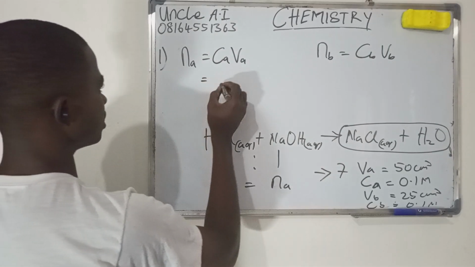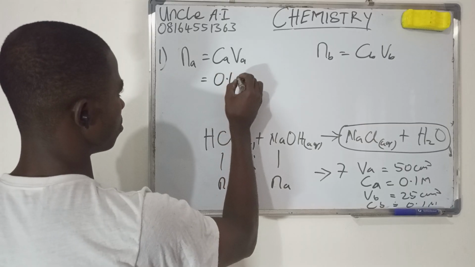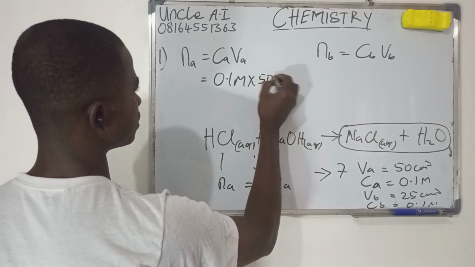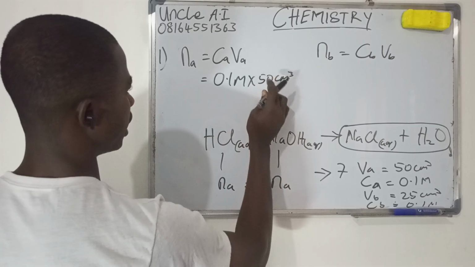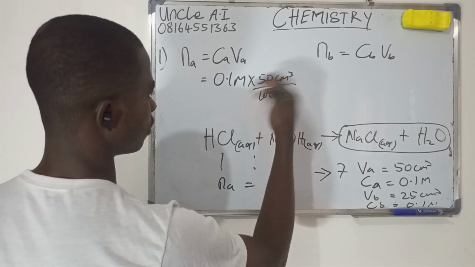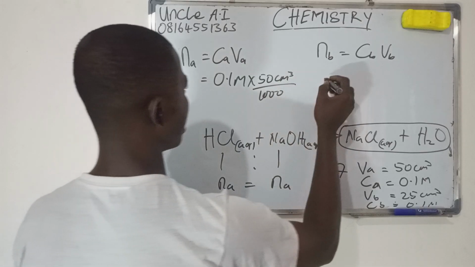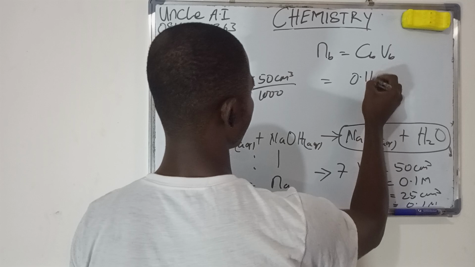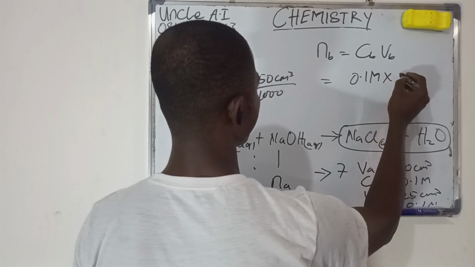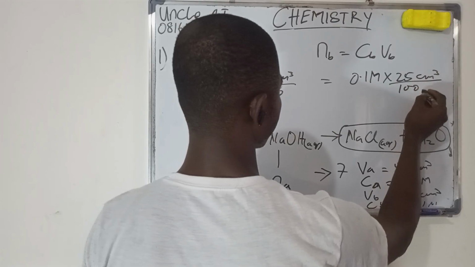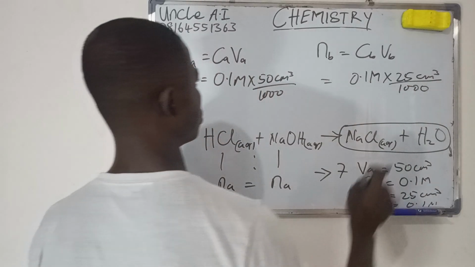Now, amount of acid is 0.1 molar multiplied by 50 cm³, then we divide by 1000 to convert it to dm³. Similarly, amount of base is 0.1 molar multiplied by 25 cm³. We divide by 1000 to convert it to dm³.